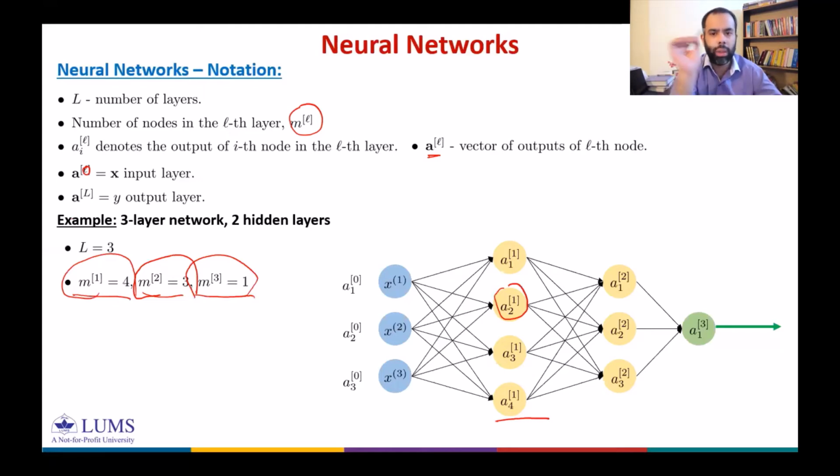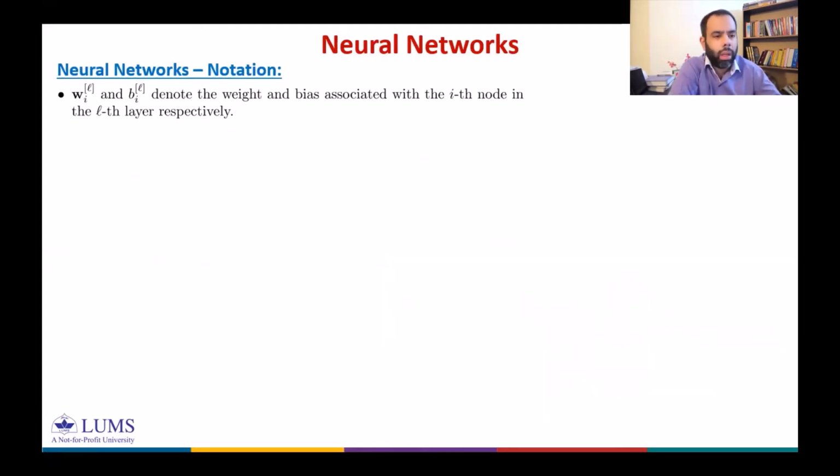Okay, let's continue defining notation. So we have defined inputs and outputs of each layer, right? But we also need to define the weights and bias, which are the parameters of each neuron. Right? So I will be using w subscript i superscript l, the weights that are associated with the ith node in the lth layer. Similarly, b_i^[l] is the bias for the ith node in the lth layer.